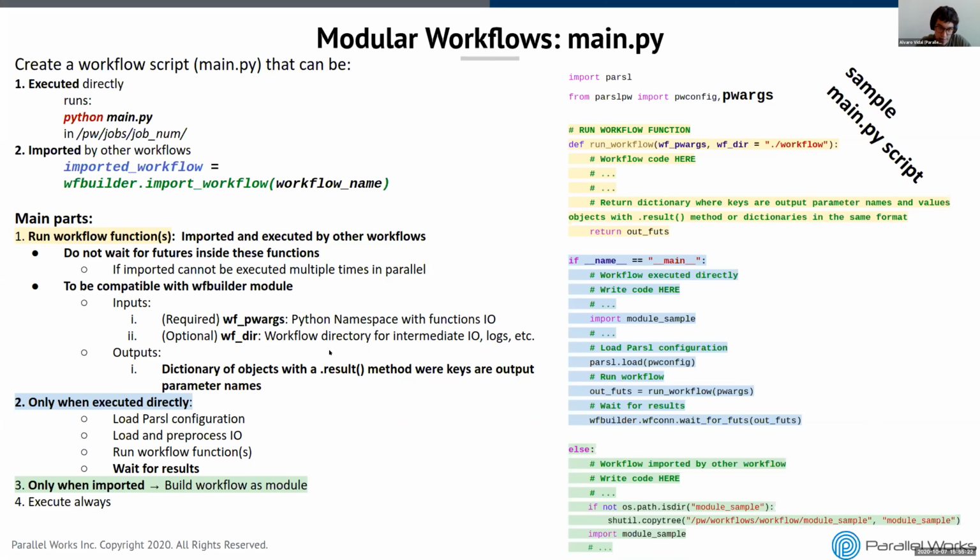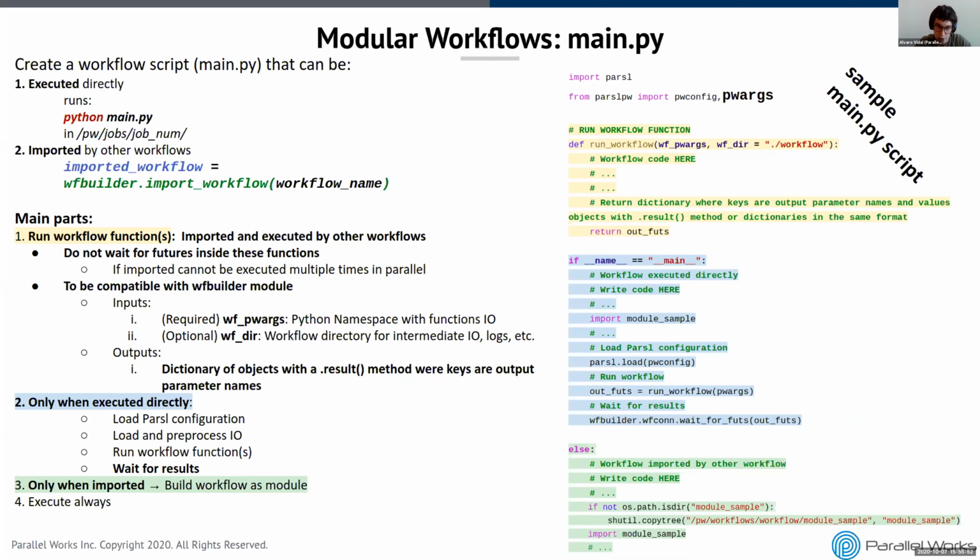And then the outputs are a dictionary of objects with a result method, where the keys are output parameter names. The reason for this function to return dictionaries is double. First, you can easily access the workflow outputs by parameter names. And second, you can easily convert them to namespaces and pass them to other workflow functions.